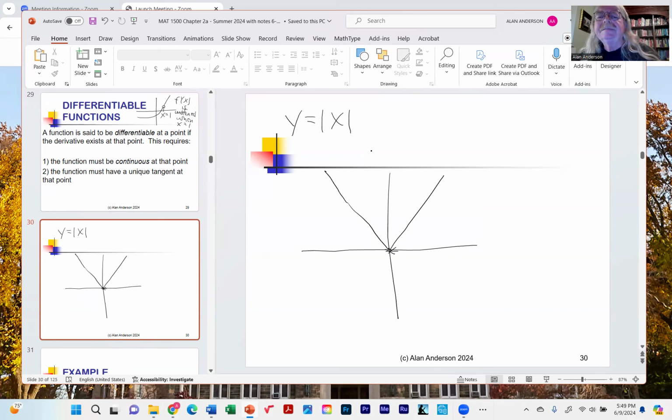So something like this would not be differentiable where x equals 0. A sharp break means the tangent is not unique.